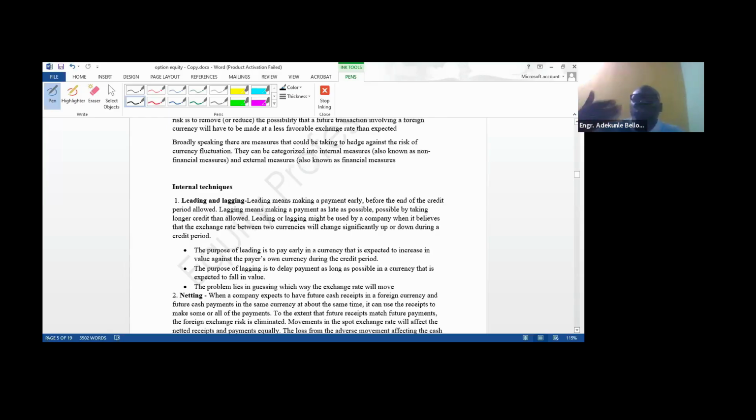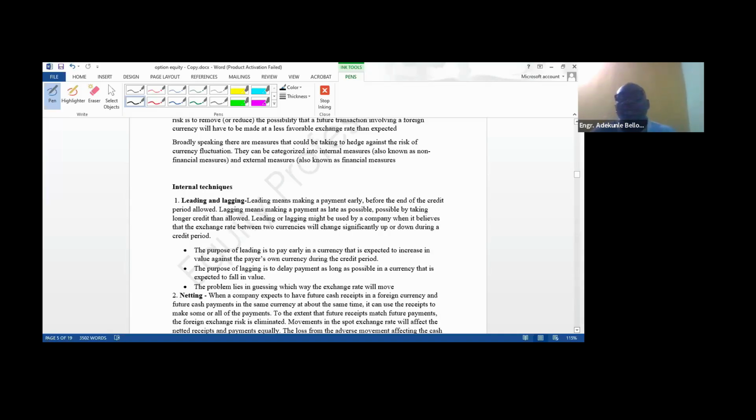The extent to which you can use your foreign receipts to offset, to net off your foreign payments. The extent to which your risk is eliminated.